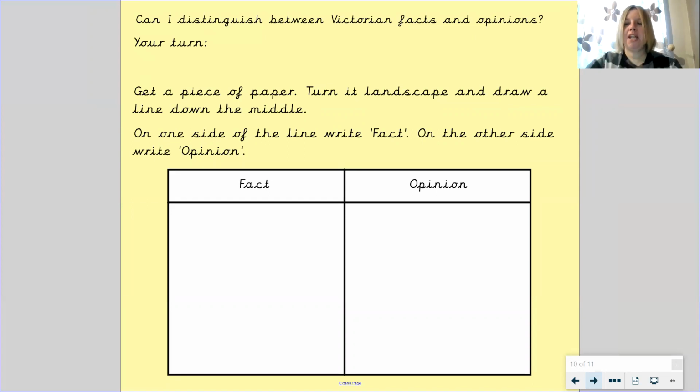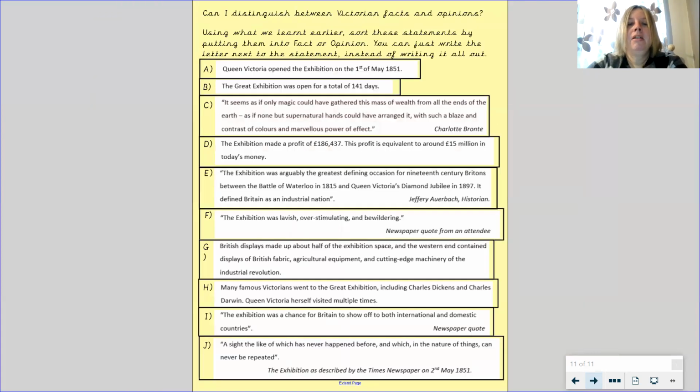Now that you've drawn your table, let's see what we've got to do today. Using what we learnt earlier, sort these statements by putting them into fact or opinion. You can just write the letter next to the statement instead of writing it all out.